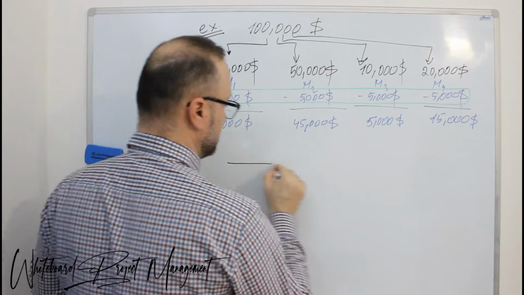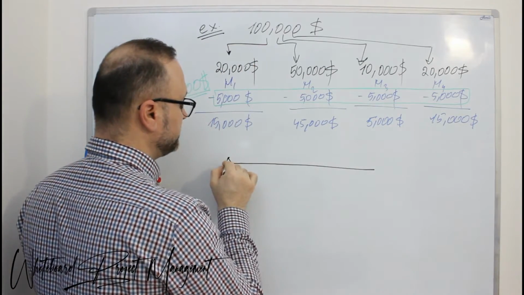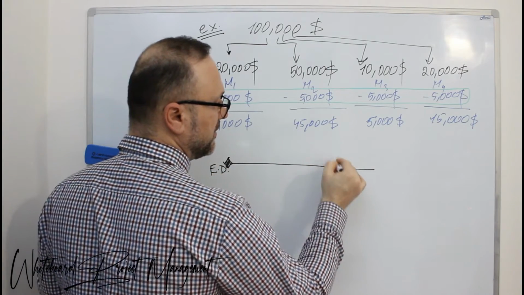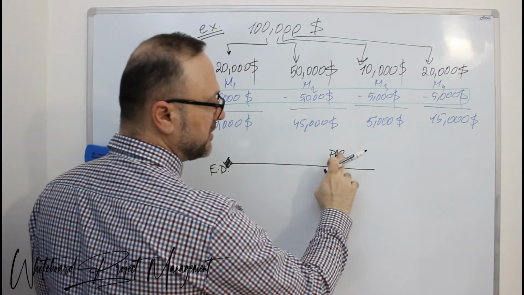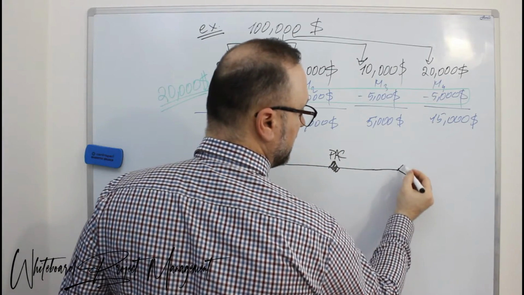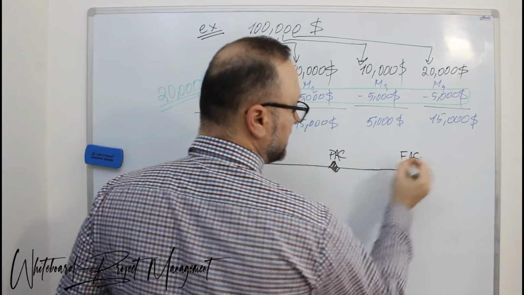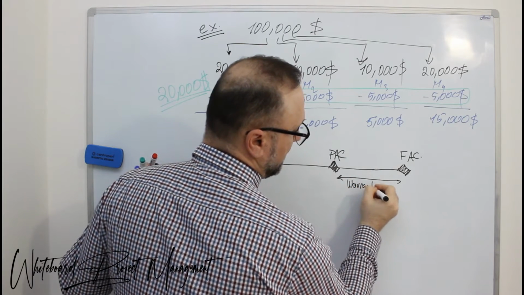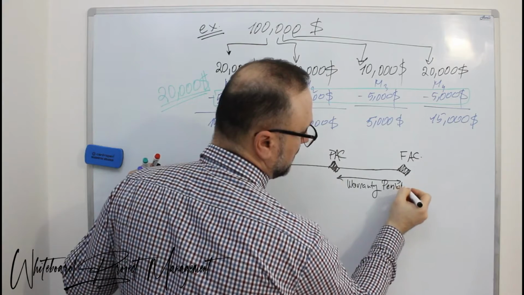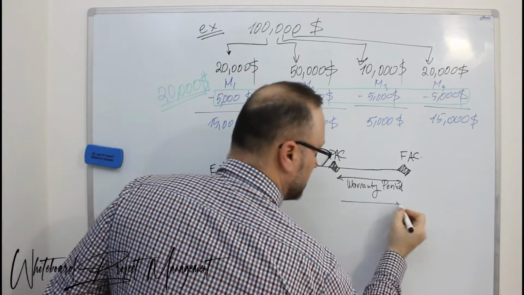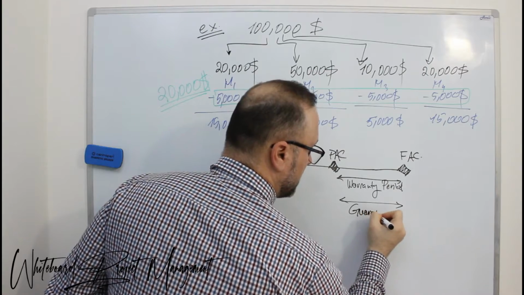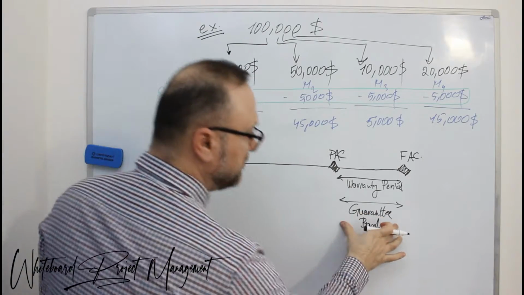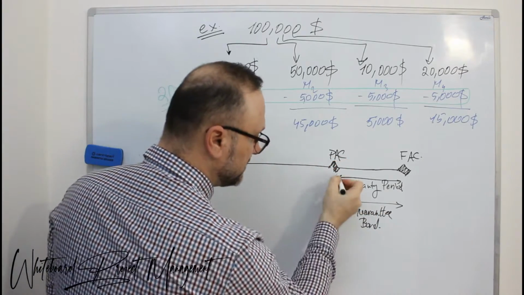So if I am having this timeline and I have my effective date over here, I have my preliminary acceptance certificate here, and I have my final acceptance certificate here. This is my warranty period, means this is the guarantee bond, and the guarantee bond amount should be available from this part.